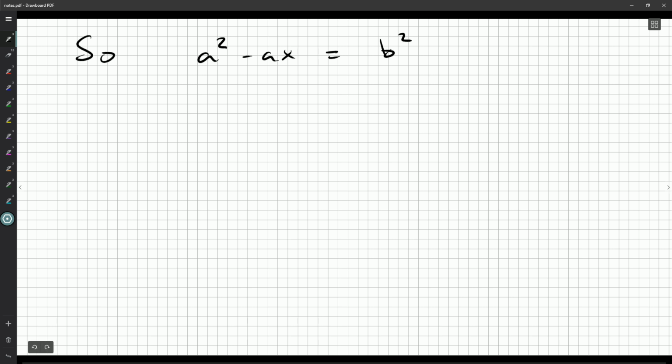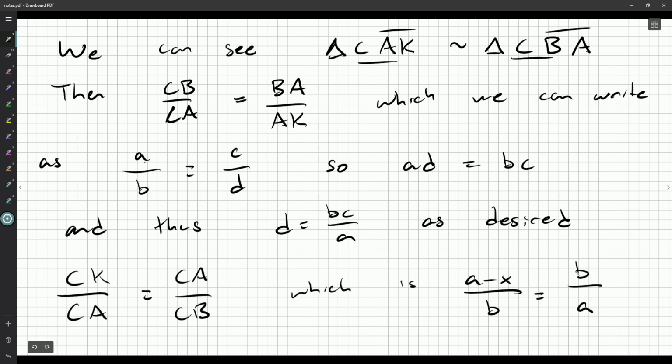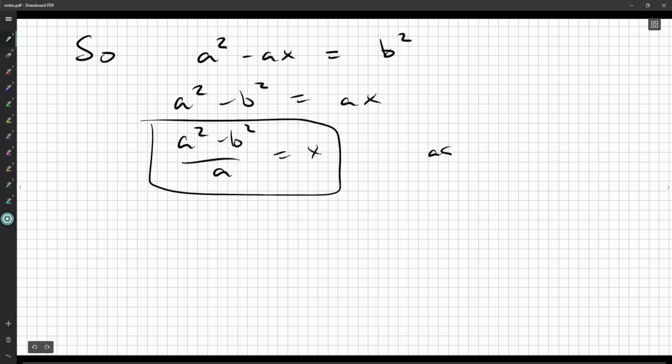And then we can bring the b squared over here and the ax over here, just changing the signs, and divide by a, and we're all set. So we wanted that one, and we wanted that one. There we go. Some nice little similar triangles there.